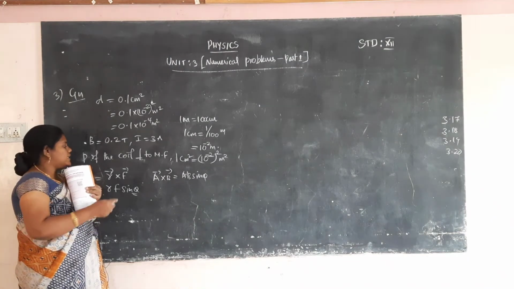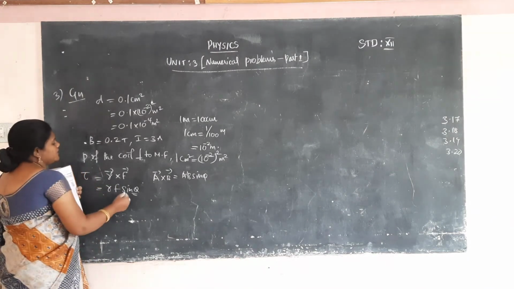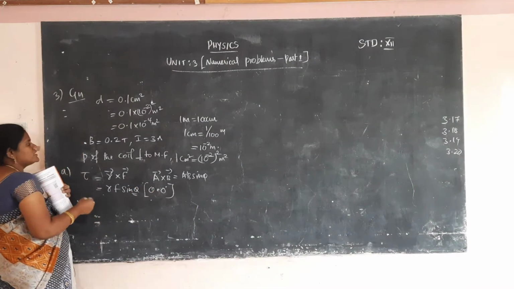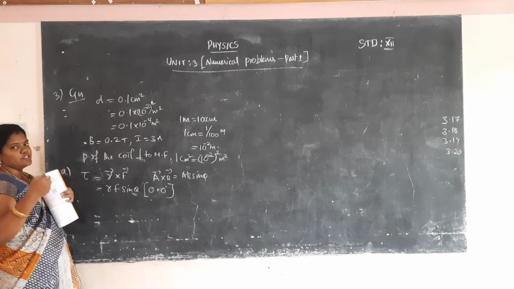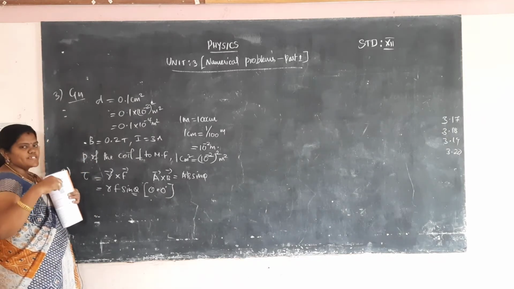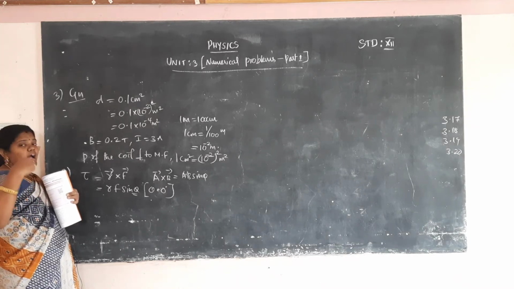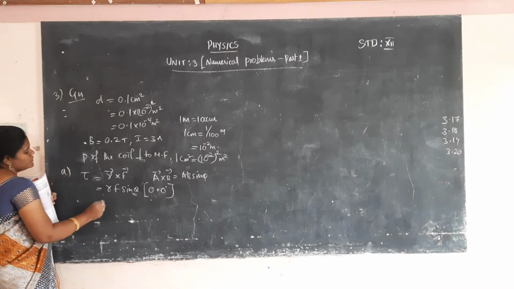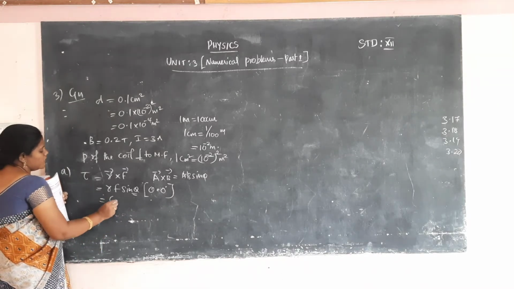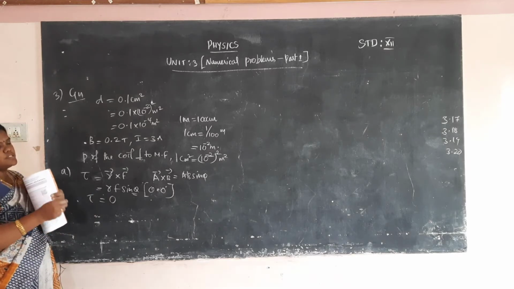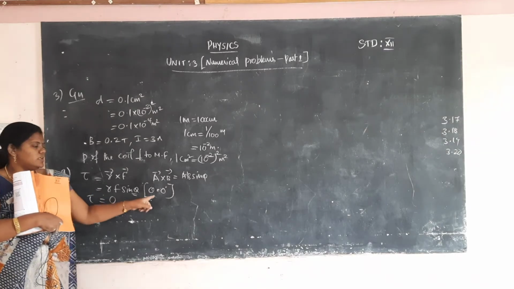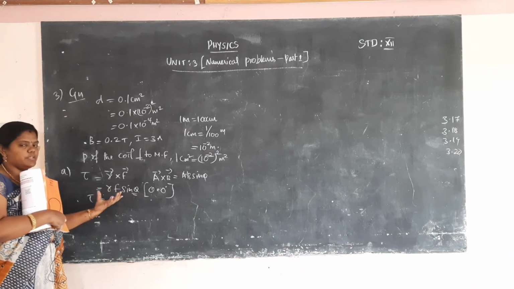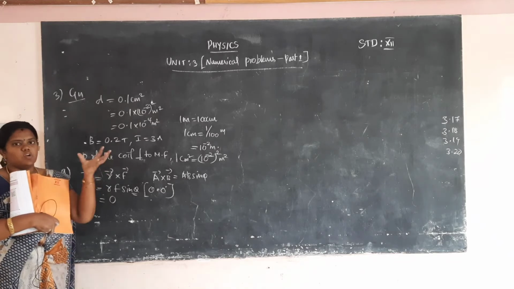So theta is considered as 0 because it is along the direction. Sin 0 is 0, so the total term is 0. So the torque acting on the coil is 0.